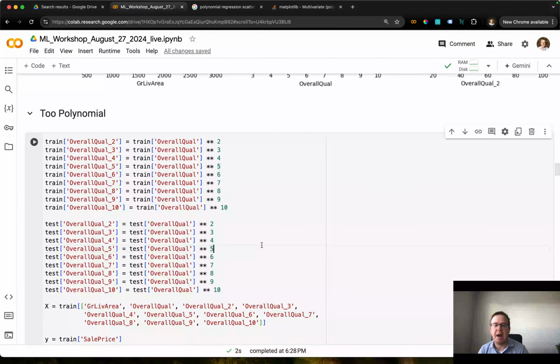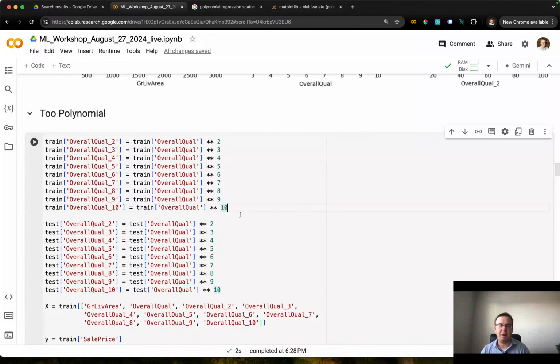I'm going to make a third degree and a fourth degree and a fifth, sixth, seventh, eighth, ninth, 10th degree polynomial of overall quality. And I'm going to throw them all in. And that's going to allow my linear regression to twist and turn. Each of these is going to have its own slope coefficient, determining its shape.